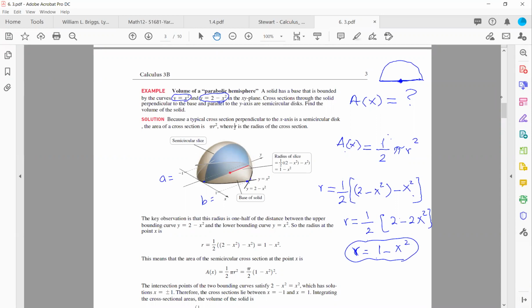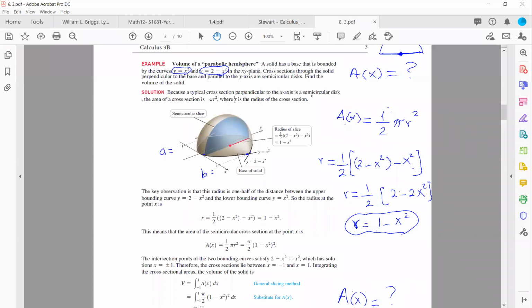Now that you have your r, you can easily form the area of this semicircular shape. So our area, which is a half pi r squared, is now pi over 2, and our r is (1 minus x squared) raised to 2.